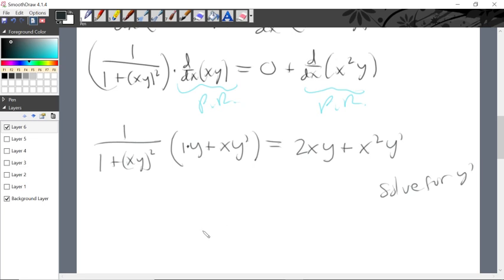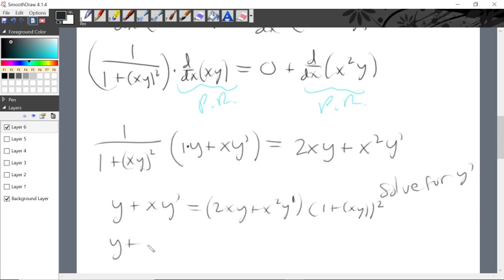So I'm going to multiply first both sides by the common denominator, the 1 plus xy quantity squared. So I have y plus xy prime is equal to 2xy plus x squared y prime times 1 plus the quantity xy squared. I'll do some expansion. Y plus xy prime.